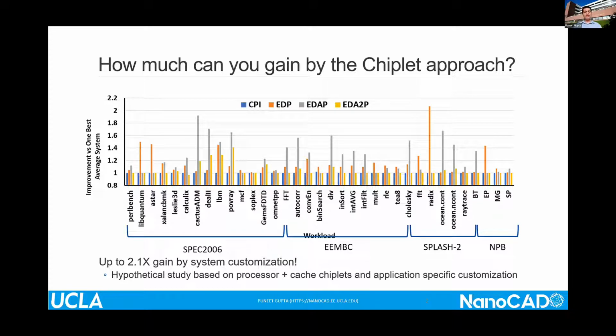And what we were looking to see is that by assembling chiplet systems together with a huge variety of chiplets available, how much could you gain? What we found is you could gain up to a factor of 2 in performance or energy delay product type metrics if there is an infinite variety of chiplets available, right? So that's a motivation of why you would even want to go to a chiplet approach. One of the motivators besides the cost and heterogeneity angle is it allows for low cost system customization.